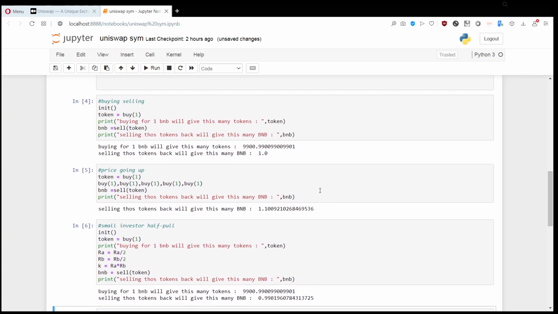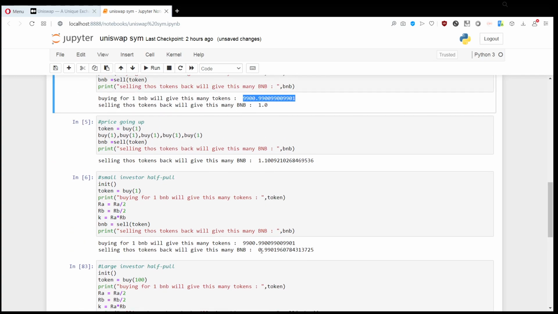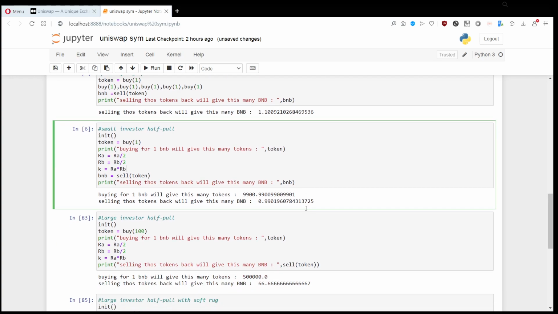As you can see, you receive the same amount of tokens as without the rug pull, of course. When you sell, you don't receive back your original 1 BNB, you receive back 0.99 BNB. So some of your value is lost. It's not much, it's 1%.